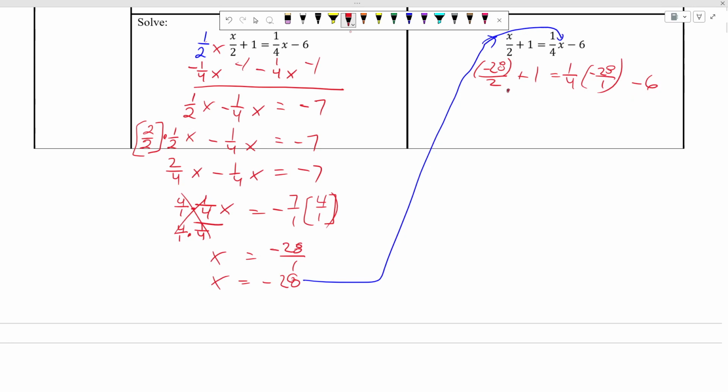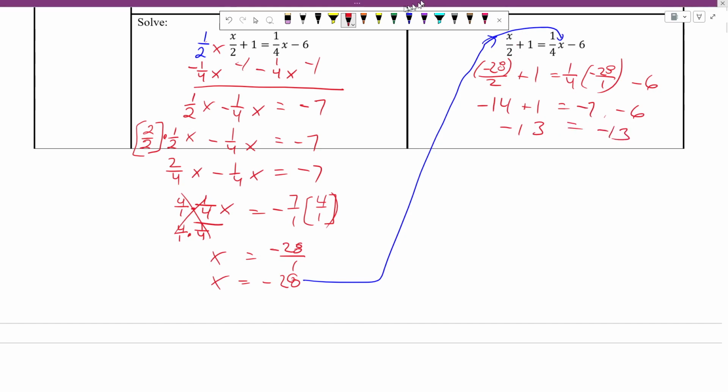Okay, let's see, so -28 over 2 happens to end up being -14 plus 1, and this is multiplied across the tops. Let's see, -28 divided by 4, that happens to be -7, and I have this -6, so I have -14 plus 1, that's -13, and this here becomes -13.